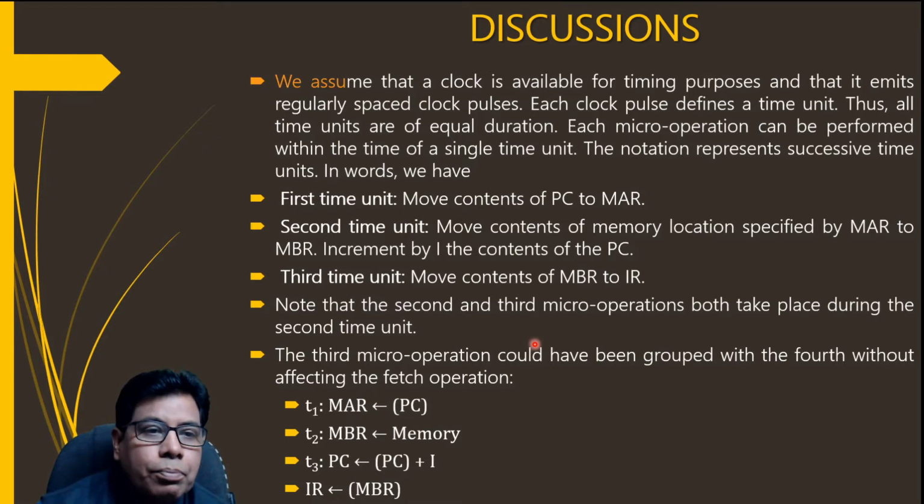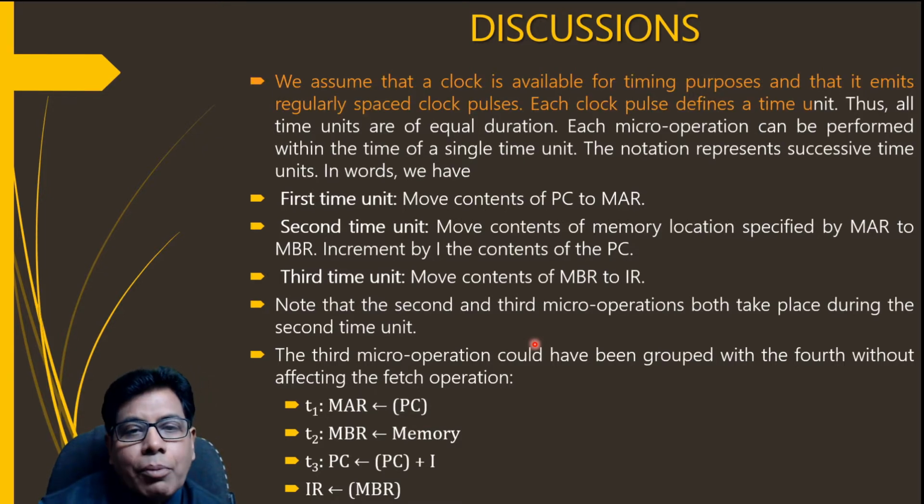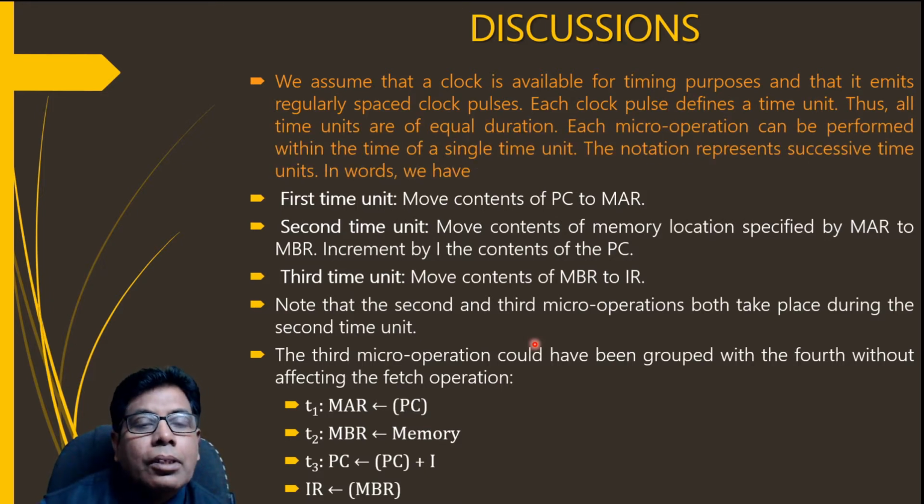if we assume the clock is available for timing purpose, now generally the processor will have the clock for the timing purpose, and it will have the clock pulses which will be defined by the particular clock frequency of the processor, and the clock frequency will define the time unit.